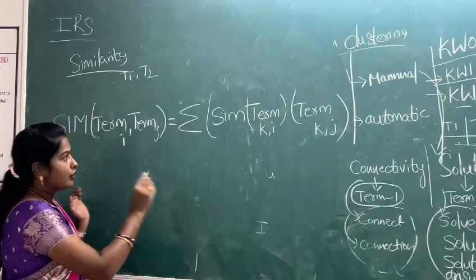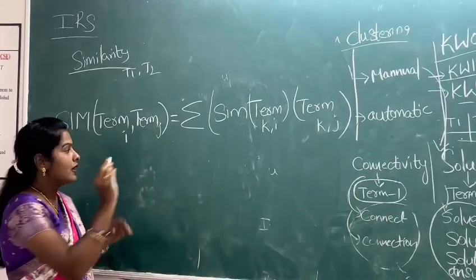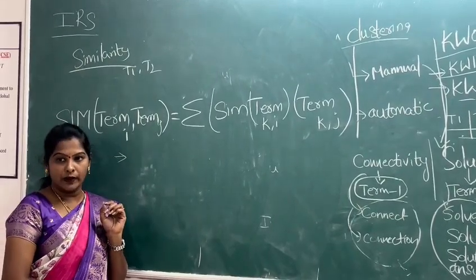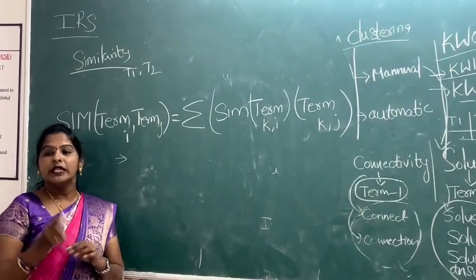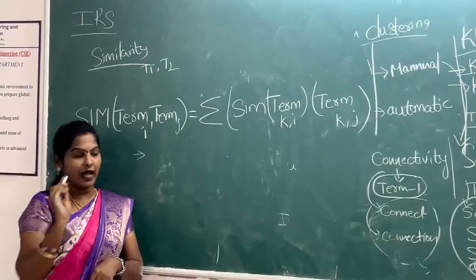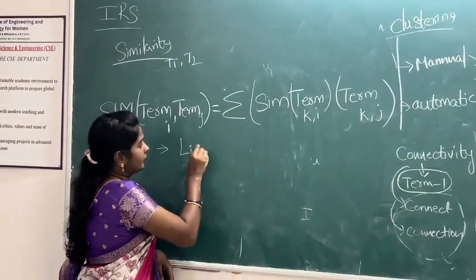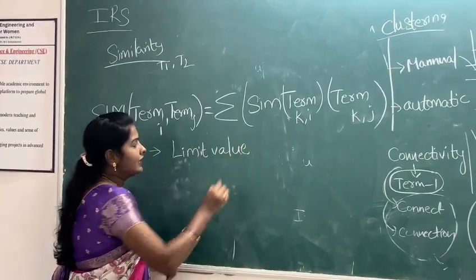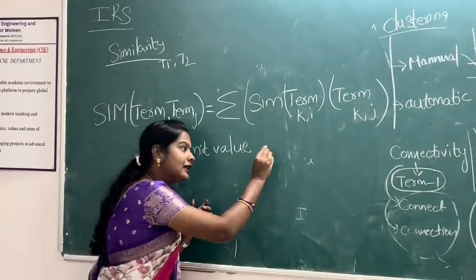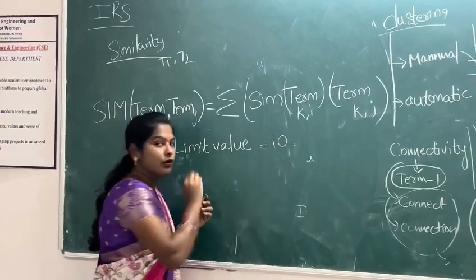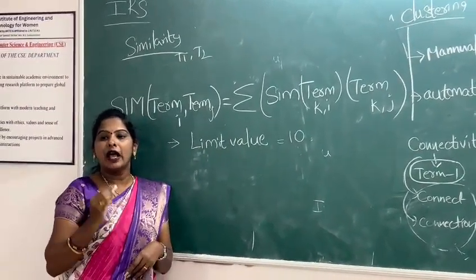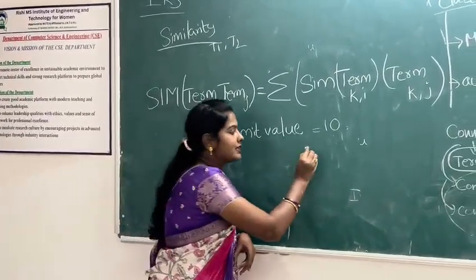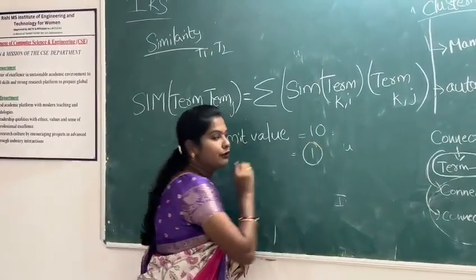Everybody clear? After getting the values, now we are going to choose a threshold. What is threshold? Threshold means a limit value. We are considering the limit value as 10. If the term value is greater than 10, then we consider it as the binary value 1.